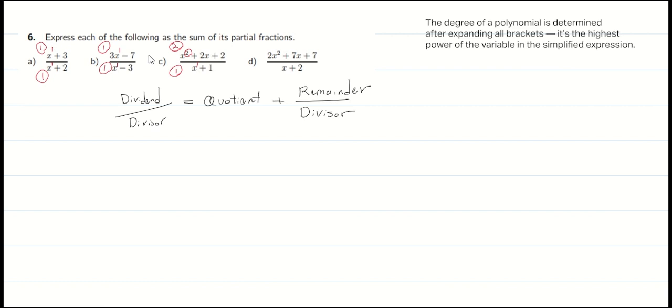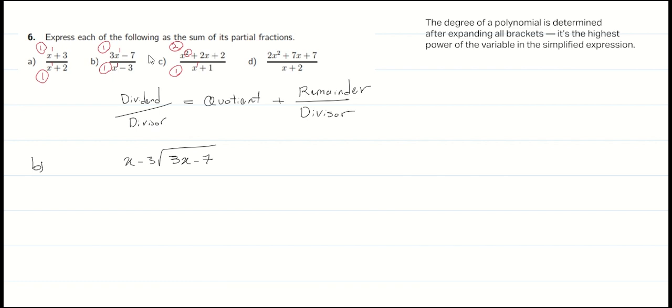So as an example, I'm going to solve b in here. We have 3x minus 7 divided by x minus 3.